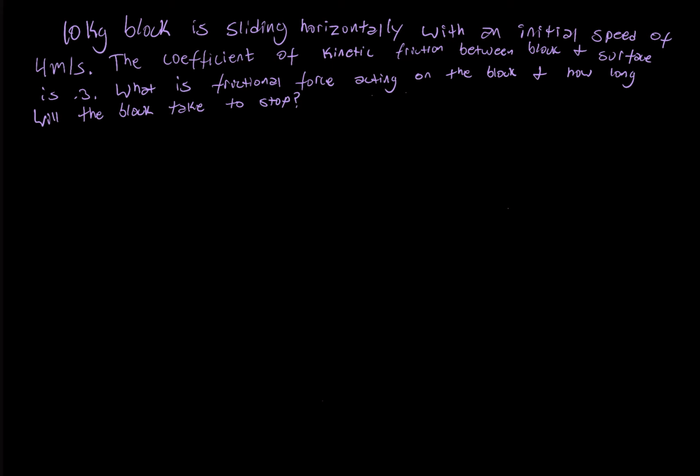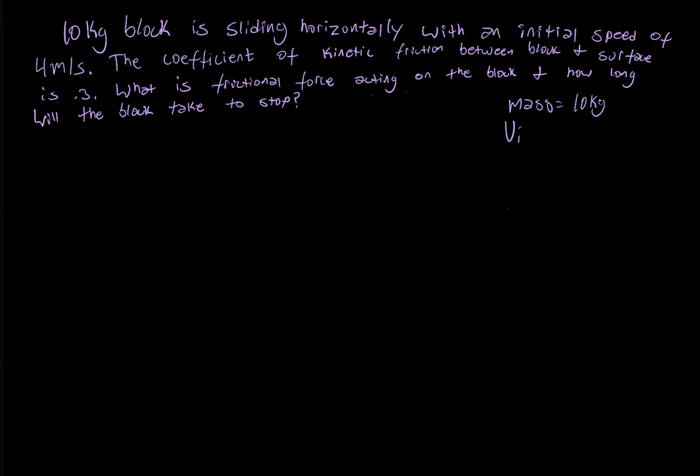Okay, so the first thing we want to find is the frictional force. And the first thing that we want to do is write down our knowns and our unknowns and draw a free body diagram. So our knowns, we have mass. Let's write it to the side. 10 kilogram block.